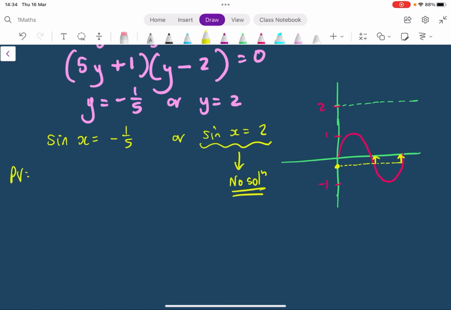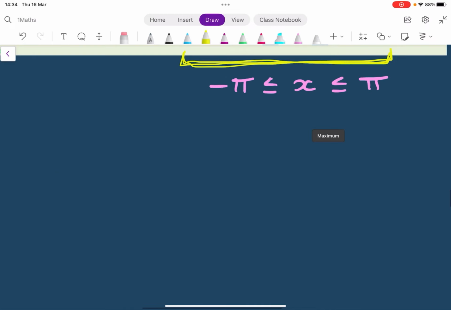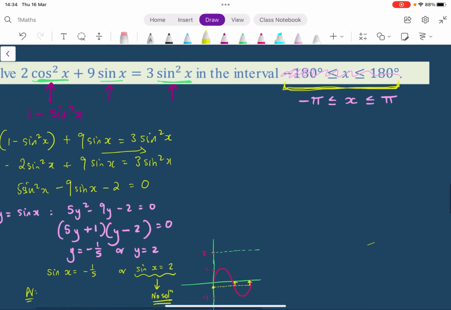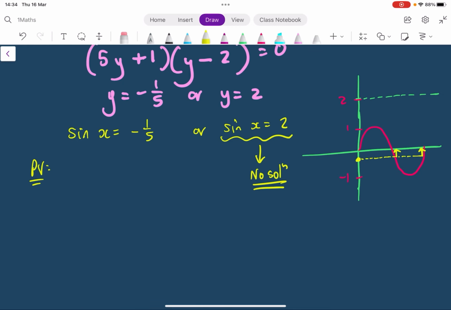So I go and find my PV. There's nothing to change other than putting my calculator into radians. But it's x. I don't have to find a multiple of x. So make sure your calculator is in radians.